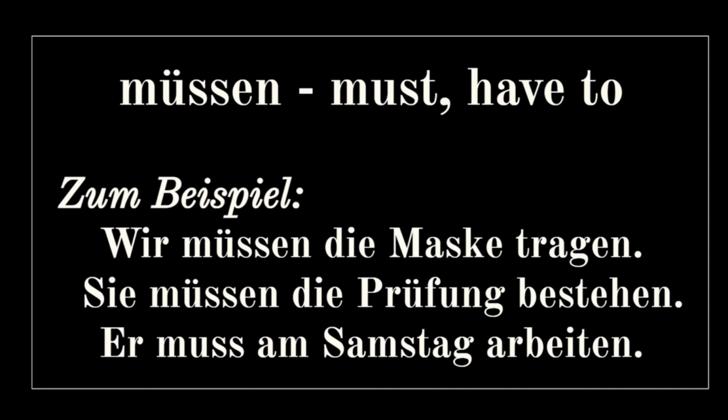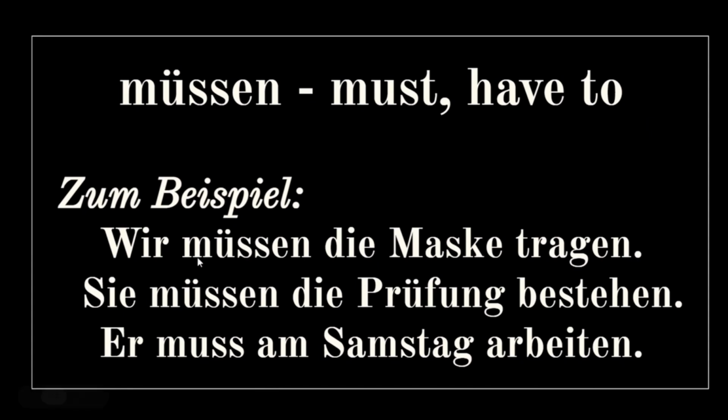We can use müssen whenever the subject is obligated to do something, whenever it is the duty of the subject to do something, or whenever there is a strong necessity to do something, then we need to use müssen. We can equate it to must or have to or need to in English.